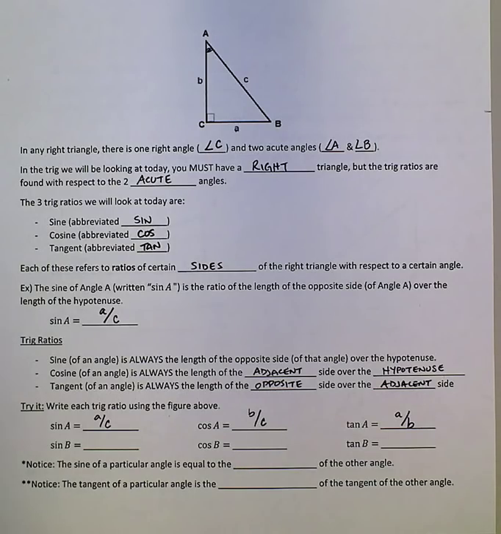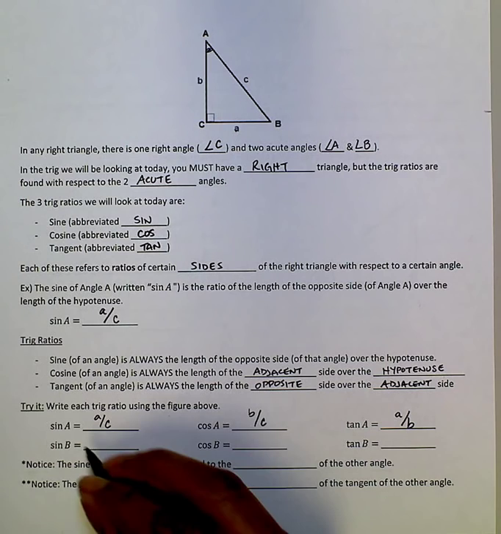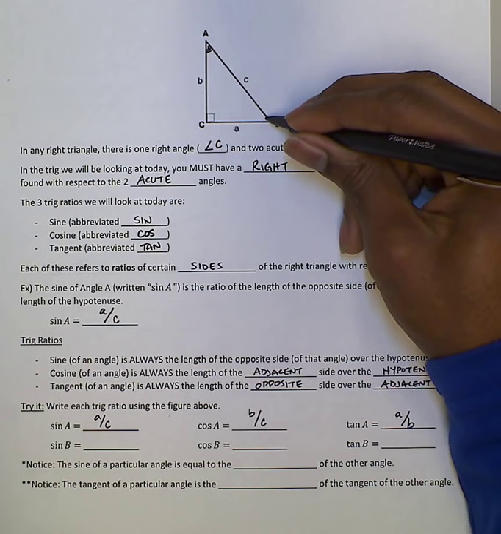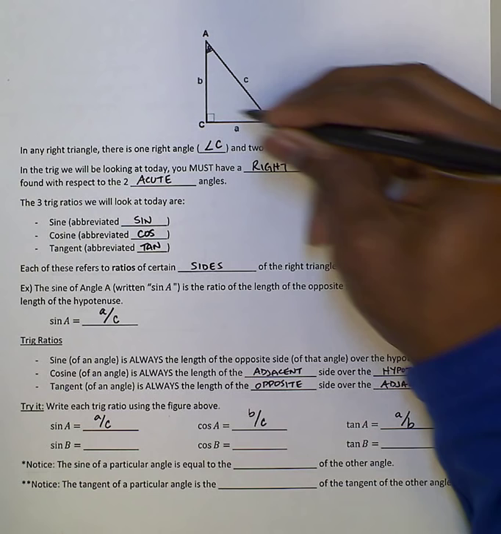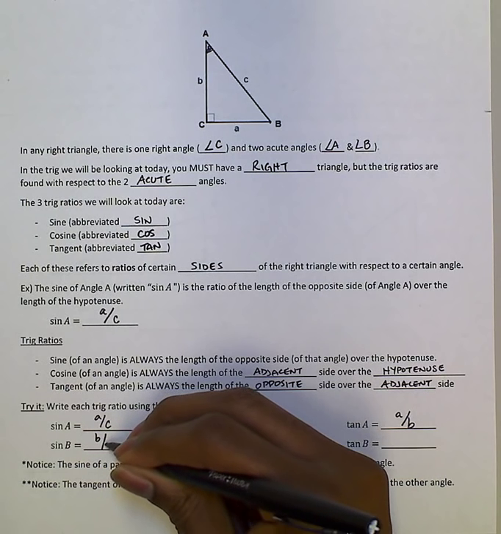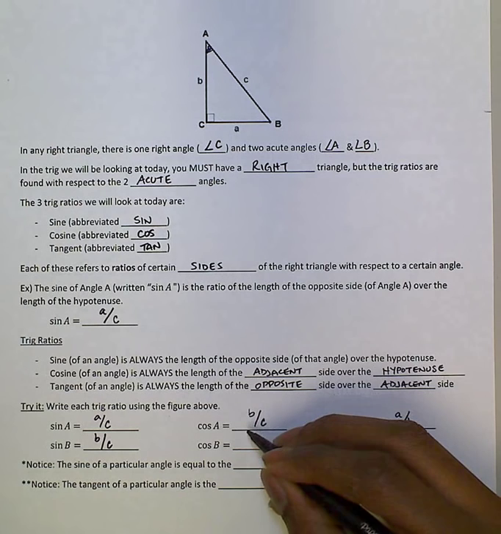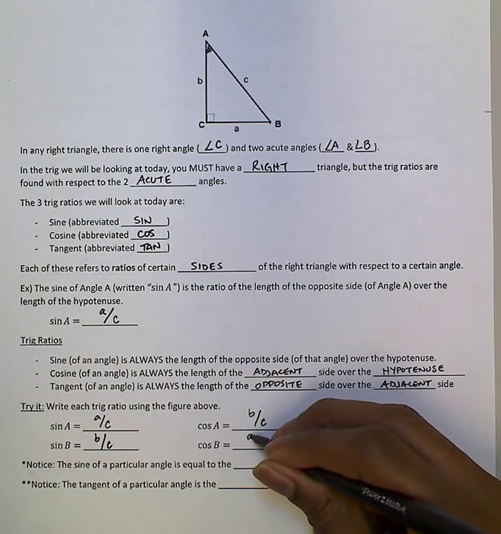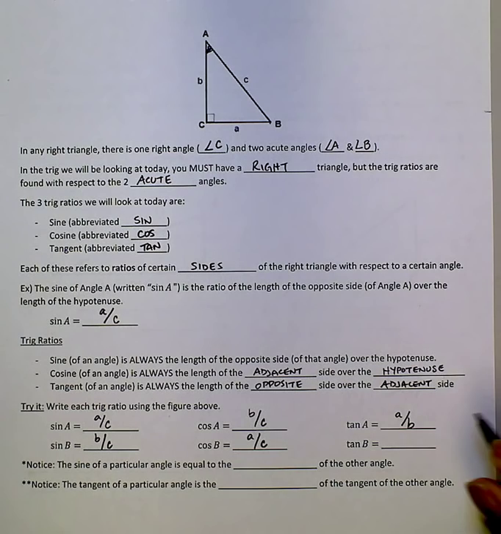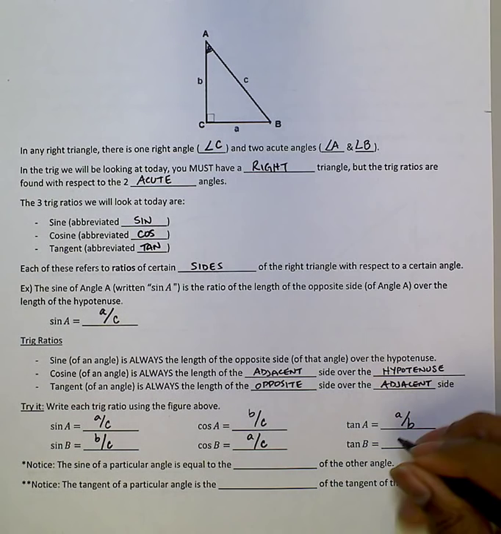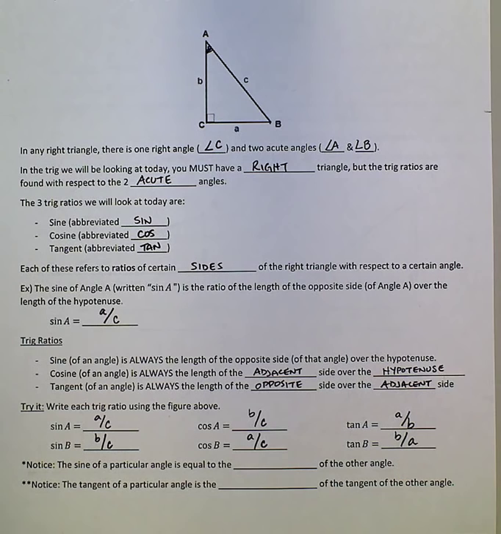Now sine B, so we're looking from this angle. Sine is opposite from B, side B, over hypotenuse C. Cosine is adjacent, which is A, over the hypotenuse C. And tangent will be opposite over adjacent, so B over A. We'll look at how we can remember those relationships more easily in a moment.